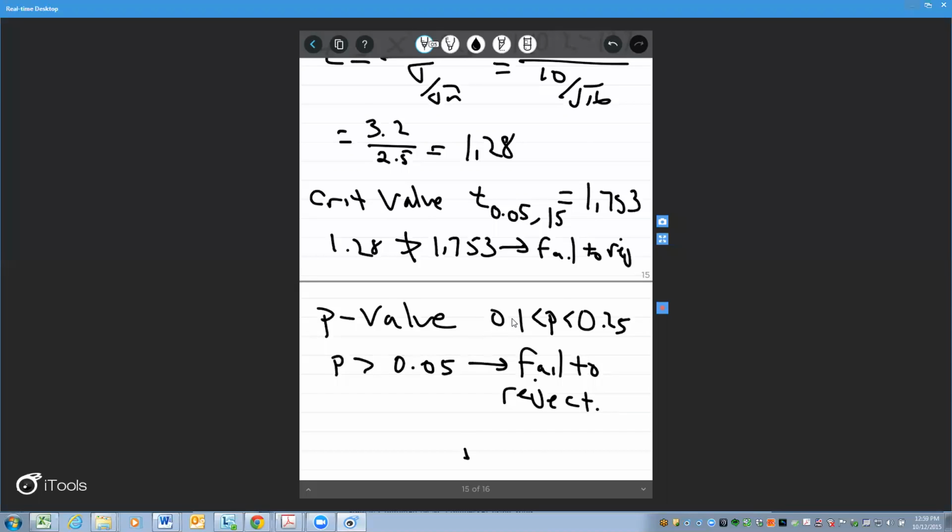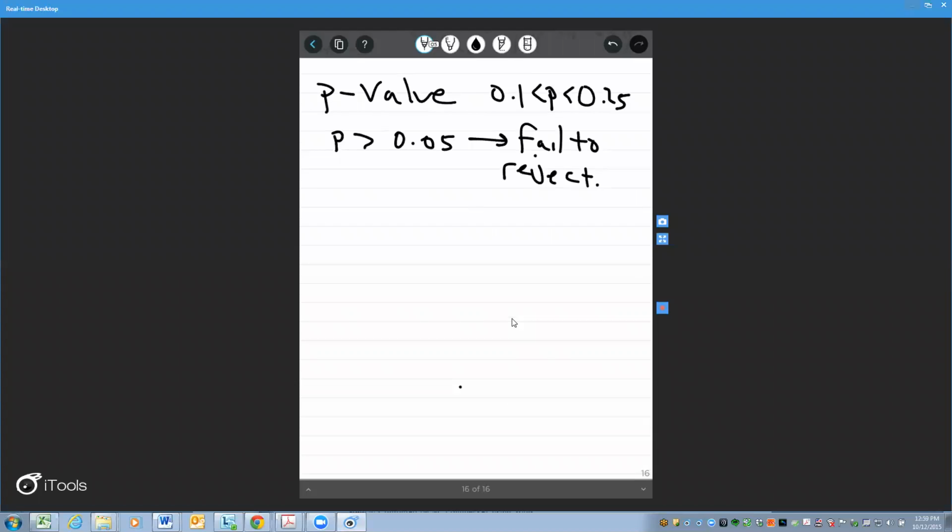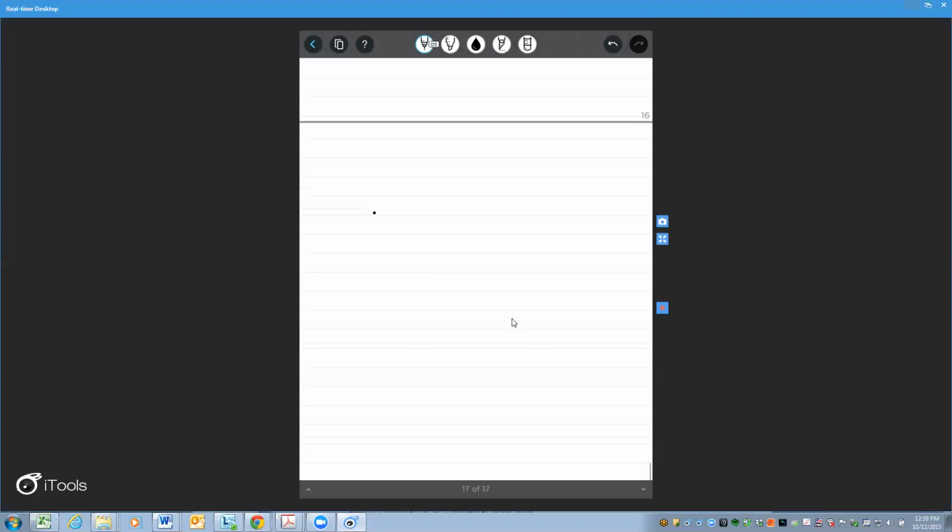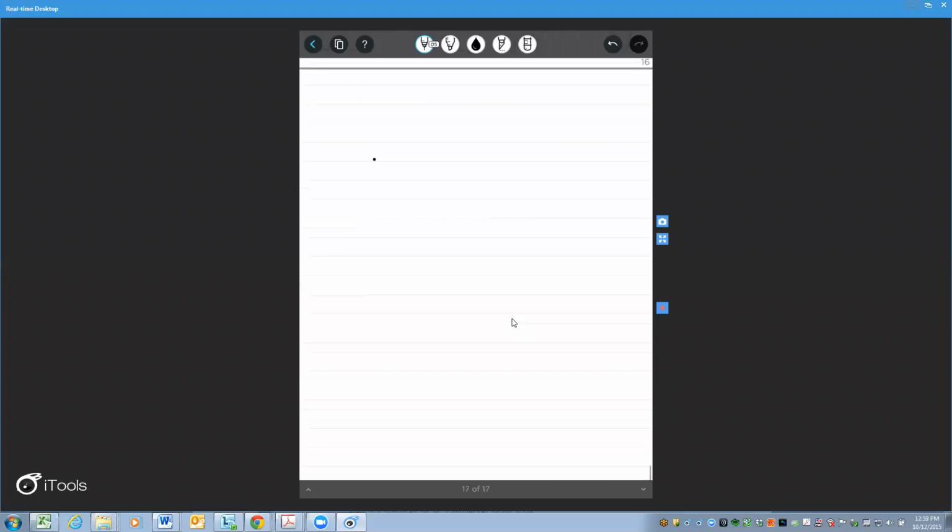Okay, let's look at one more example. Let's say we're hypothesizing that the mean is 92 and our alternative is that the mean is not 92. Again, we're going to use alpha is 0.05.